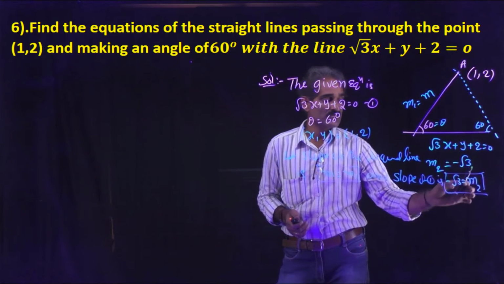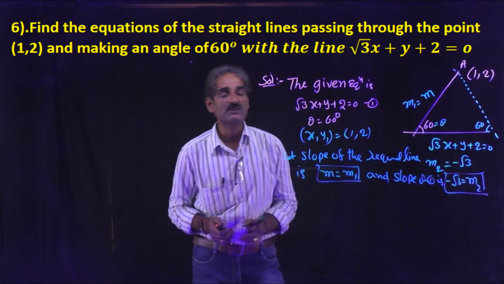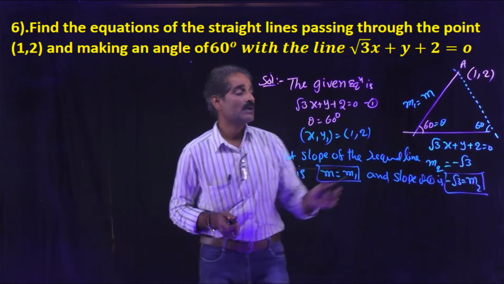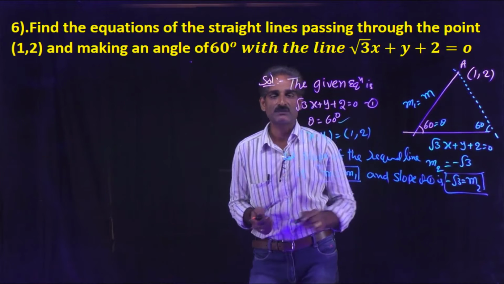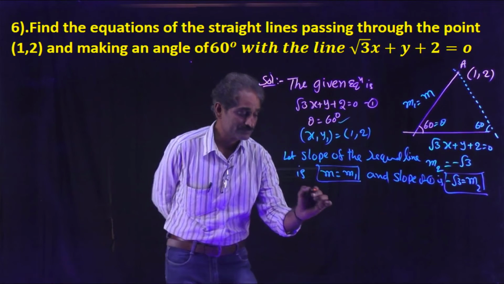The slope of the given line is this one, the slope of the required line is m, and the angle between them is 60 degrees.